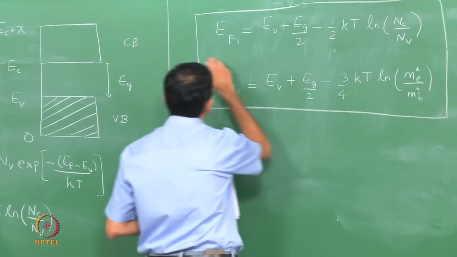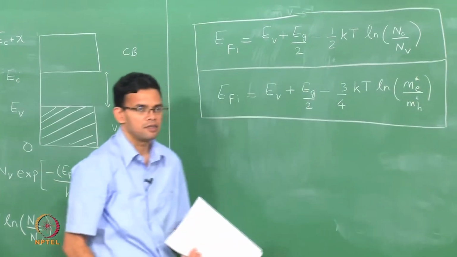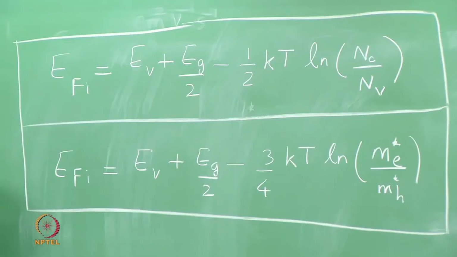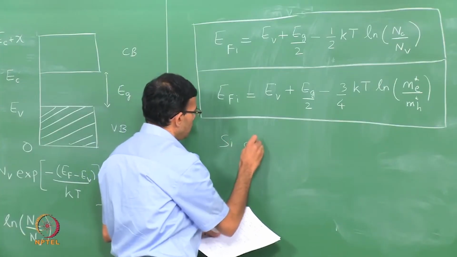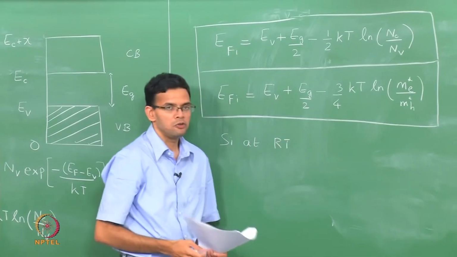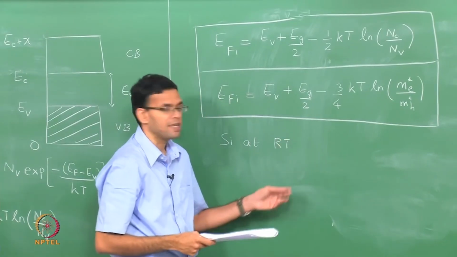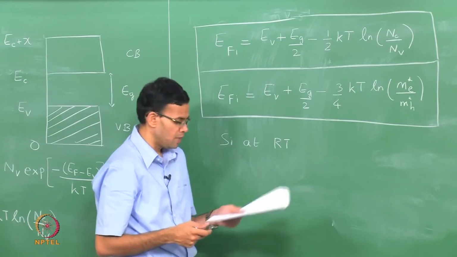EFI is the position of the Fermi level in the intrinsic semiconductor. So, let us do the calculation for silicon at room temperature. We can either use NC and NV that we calculated earlier, or you can use the effective masses.